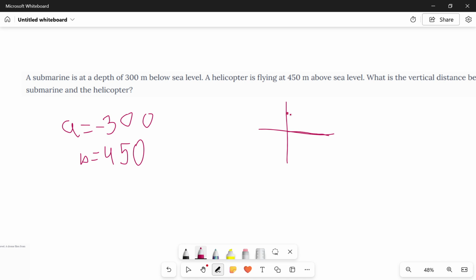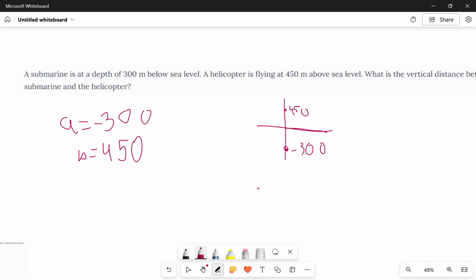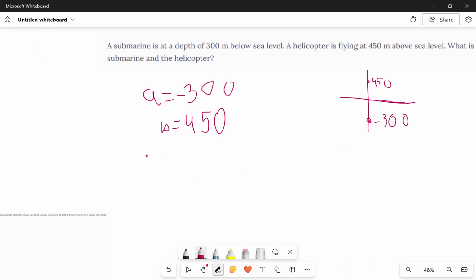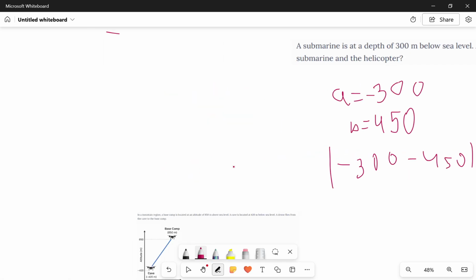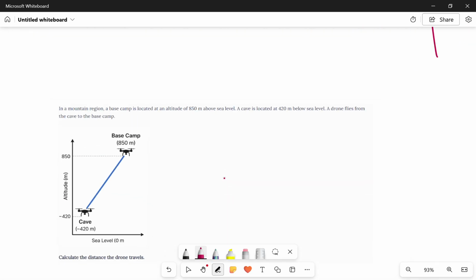So one is 450 because it's above sea level, and one is negative 300. If I want to find the distance, I'll do negative 300 minus 450, which in absolute value is equal to 750 meters.